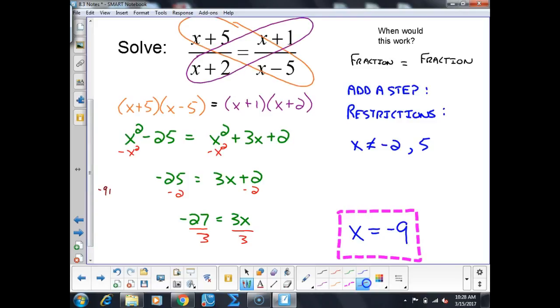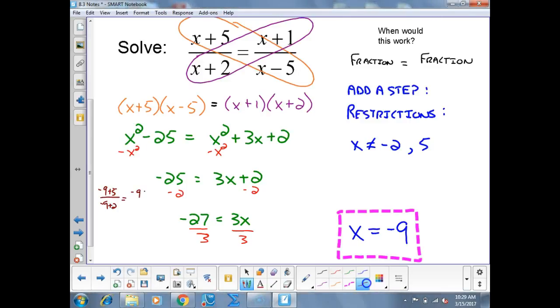Negative 9 plus 5 over negative 9 plus 2 equals negative 9 plus 1 over negative 9 minus 5. Negative 9 plus 5 is negative 4. Negative 9 plus 2 is negative 7. Negative 9 plus 1 is negative 8.